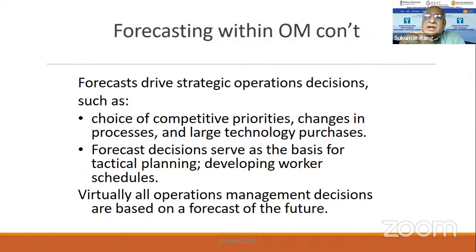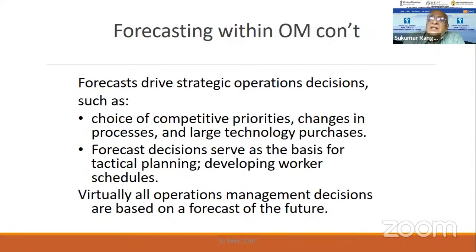Forecast drives strategic operation decisions such as choice of competitive priorities, changes in processes, because technologies can also change, and the scale of operations may change based on the technologies you use to produce. So forecast decisions serve as the basis for tactical planning, developing worker schedules, etc. Virtually all operations management decisions are based on forecasts of the future.